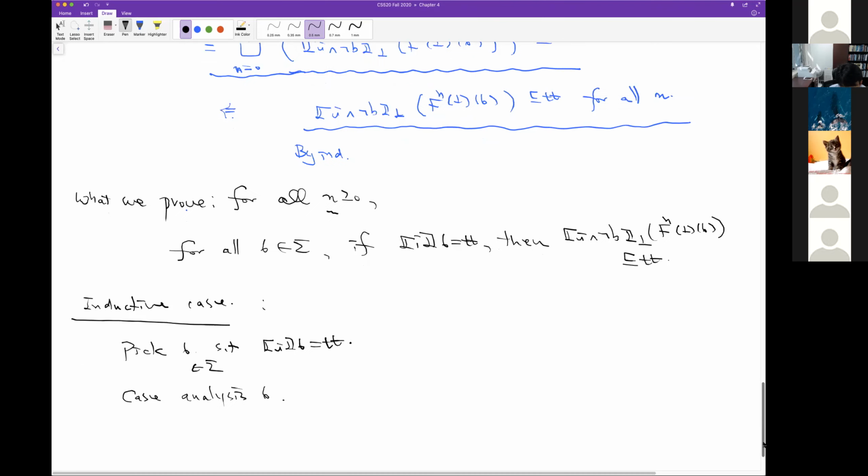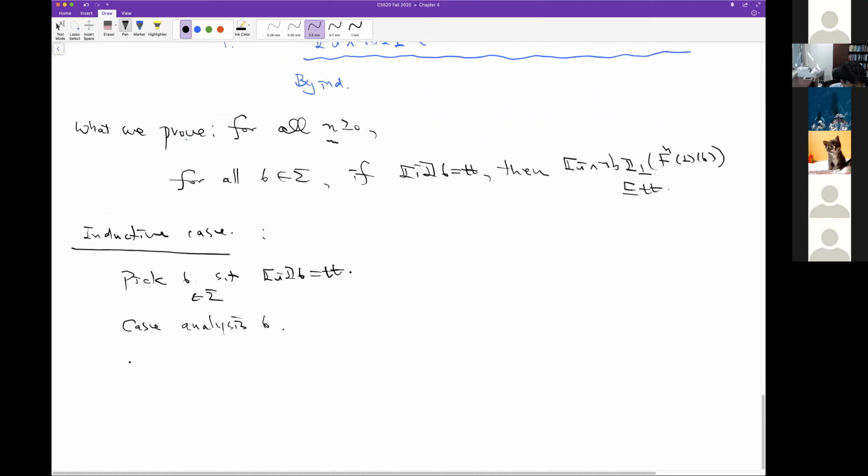The difficult case is the following. The case is that the loop condition is true on the sigma. So we go into the loop, and so this is one of the cases.